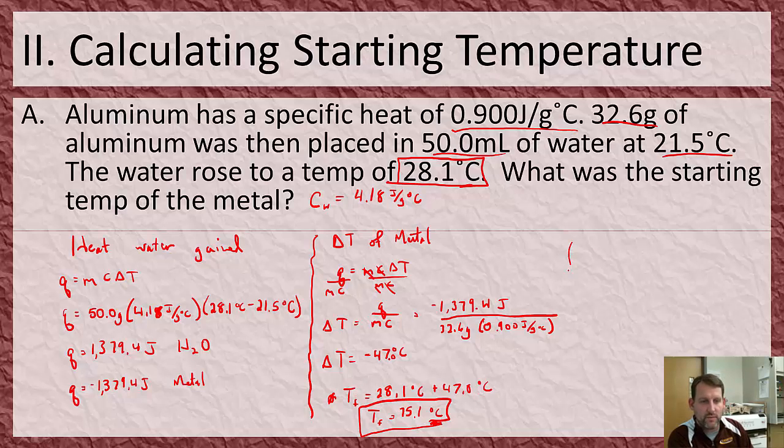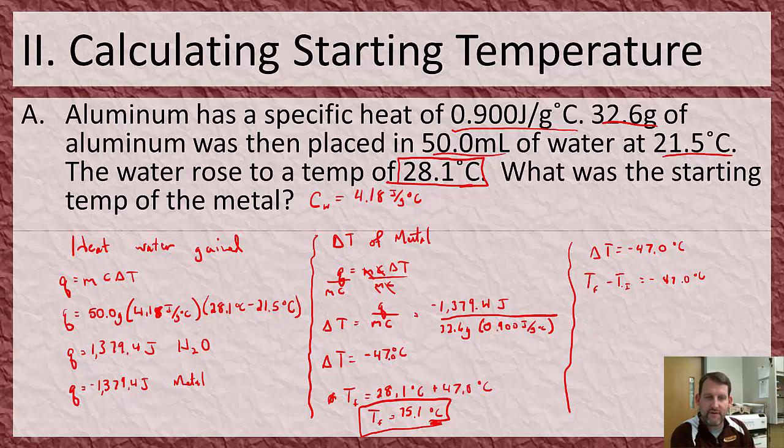Now if you're like, hey, I prefer math equations, not this reasoning stuff, we could do it this way as well. We could say our change in temperature is equal to negative 47.0 degrees Celsius. And we know that change in temperature is always the final minus the initial. So we can say this is equal to the final temperature minus the initial temperature. So T final minus T initial is equal to our change in temperature, which is negative 47.0 degrees Celsius.